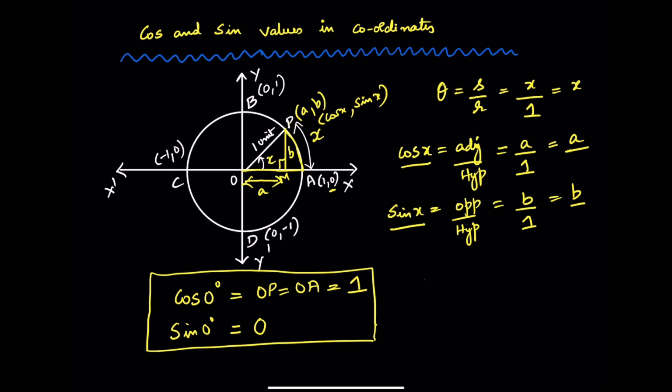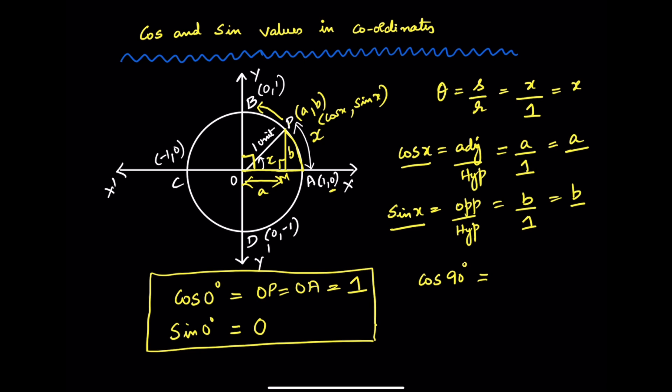Now let us try to find cos of 90 degrees. When we say cos 90, that means the angle x should be equal to 90 degrees. That means point P should reach point B. So in that case, what would happen to the value of a, which is the x coordinate? a would become 0.